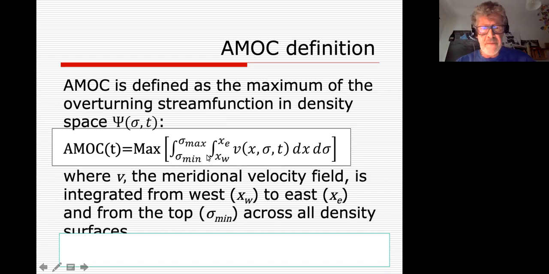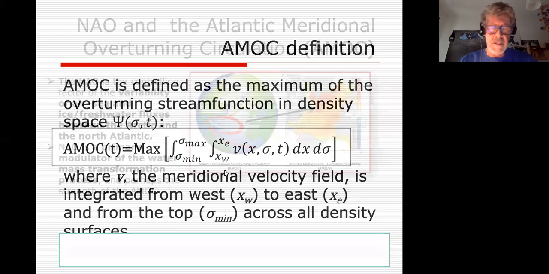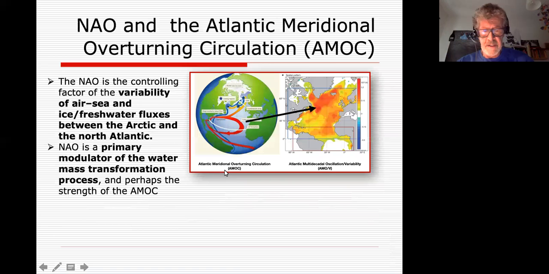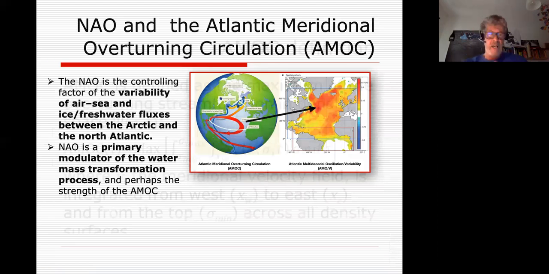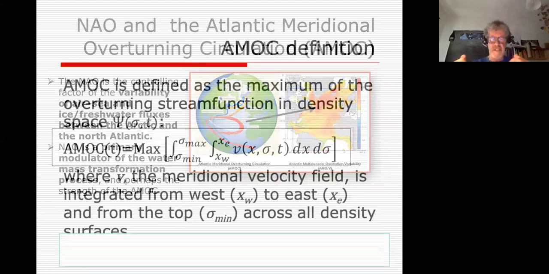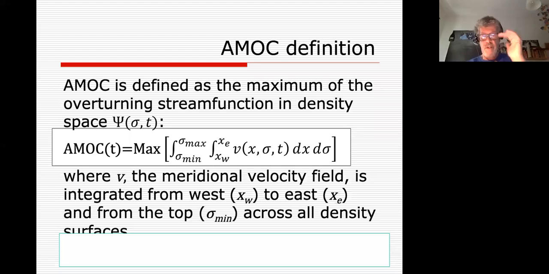And obviously, this gives us a number, which is a transport, integrated vertically between two isopycnals and laterally from one coast to the other. And the only variable we have here is time.